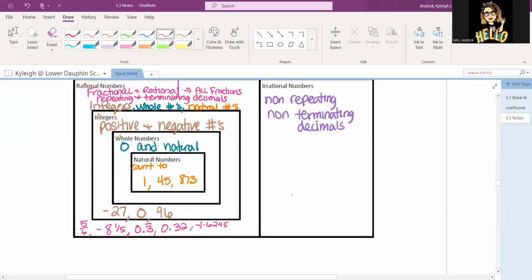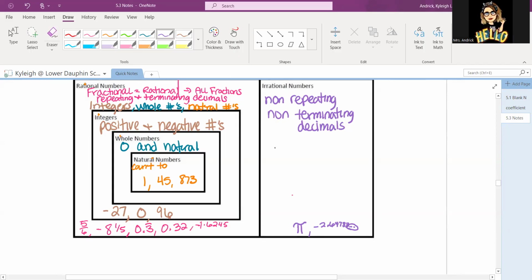A famous non-repeating, non-terminating decimal is pi, or something like negative 2.64783 and so on. The dots tell you that it doesn't end, and none of those numbers repeat. So that's a non-repeating, non-terminating decimal.